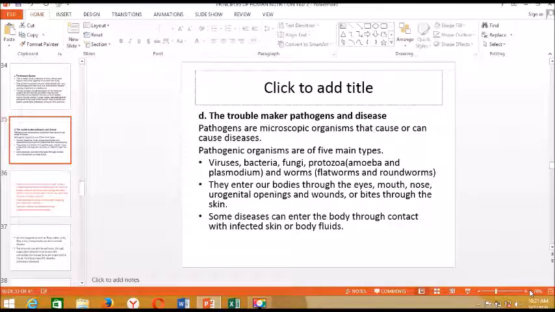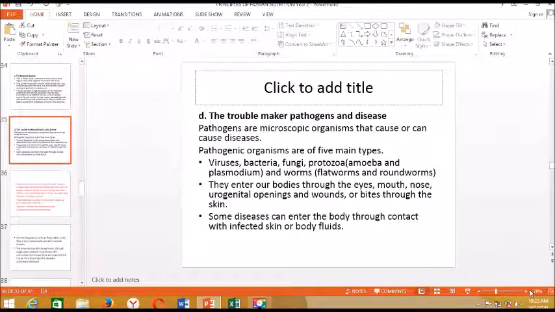So some diseases can enter the body through contact with infected skin or body fluids. You have examples if you think of diseases, microorganisms which can enter through contact with infected skin or body fluids.